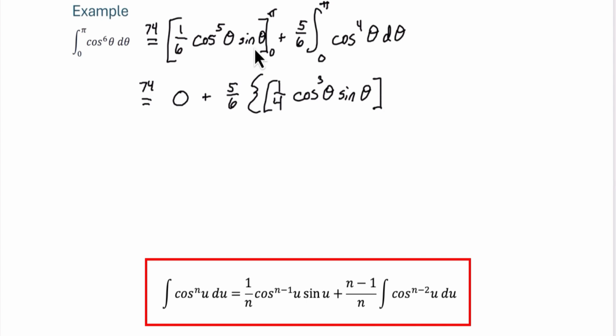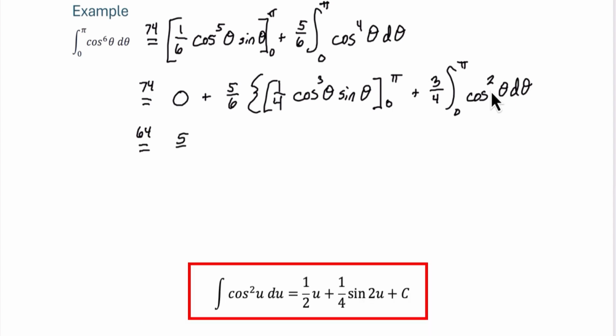This piece we will evaluate from 0 to pi, plus n minus 1, that's 4 minus 1, which is 3, divided by n, 4, integral 0 to pi, cosine of n minus 2, 4 minus 2 is 2, theta d theta. At this point, we have cosine squared. We use a new rule this time. This time it's going to be rule number 64 here.